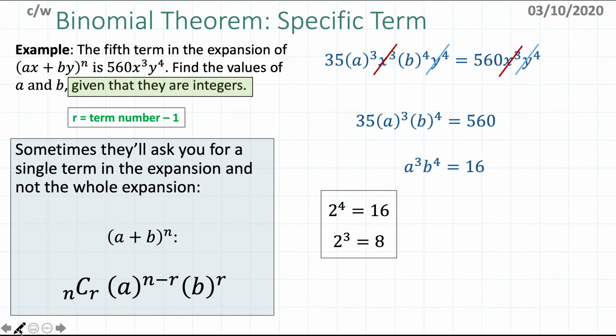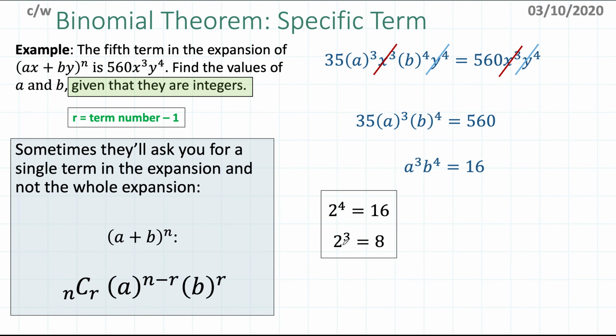So if I actually write 2 here instead of b, and that could be to the power of 4, and that will give me 16, which means that a just has to be 1. Sorry, a has to be 1. So that works. If a is equal to 1 and b is 2, then this would work. Because the 16 comes from something raised to powers as well, so we need to be careful.